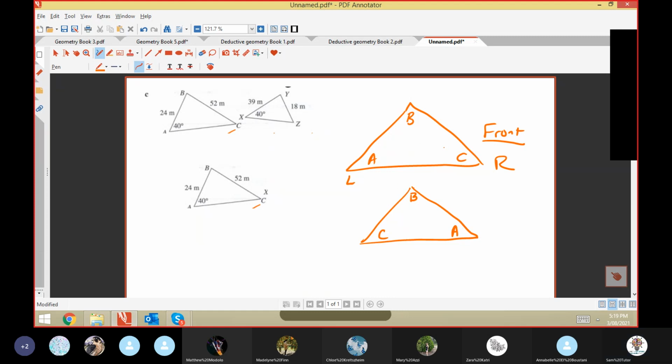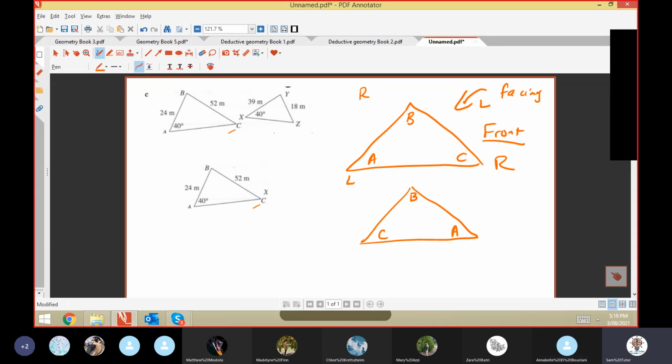Now think about the person that's going to stand behind this and is facing you. How would they see the C? If they're facing you, C would be on their left side, and A would be on their right-hand side. Does that make sense?